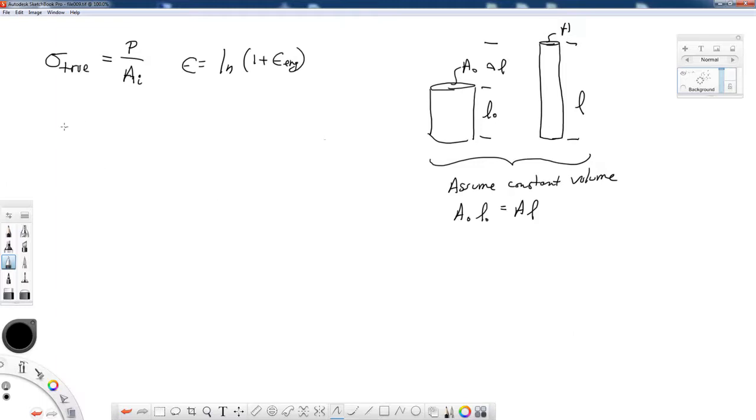So let's just make a note of that. It's not so good in the elastic range.